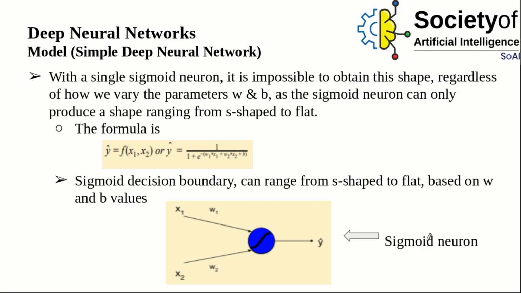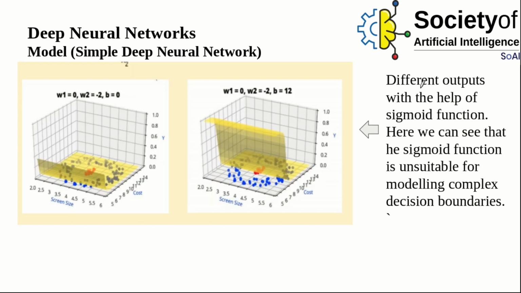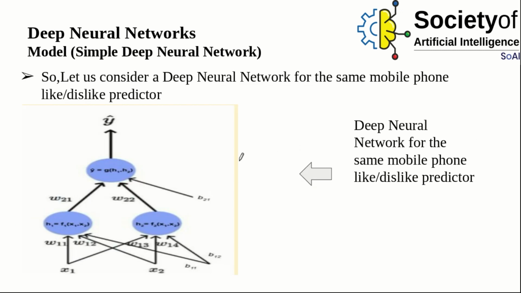We have discussed this in our earlier videos as well. Now, different outputs with the help of the sigmoid function. Here we can see the sigmoid function is unsuitable for modeling, as we have also discussed earlier. See here, it is not able to draw the circular decision boundary that we were expecting.